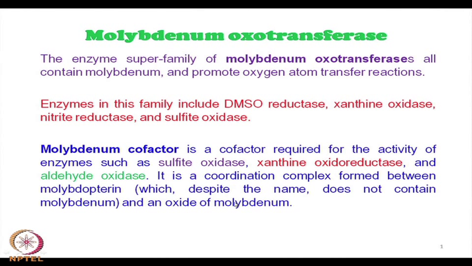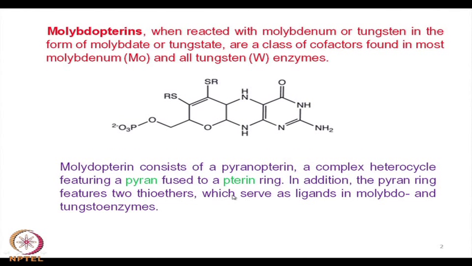So on one side you have the oxide of molybdenum, and another cofactor is required. This is your molybdenum cofactor. This particular part is derived from some other thing, and how it is derived we will also see. It is without molybdenum, but since it can catch molybdenum very nicely, we call it a molybdopterin.